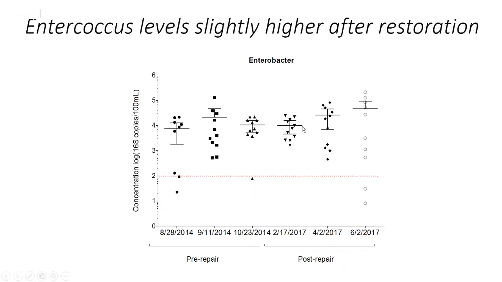And the red line down here indicates the EPA maximum quote, which is basically set by the Environmental Protection Agency. And we hypothesize that the increase in Enterococcus bacteria is due to an increase of freshwater, because these bacteria are much more likely to survive in freshwater.